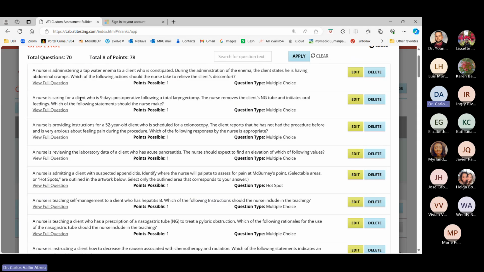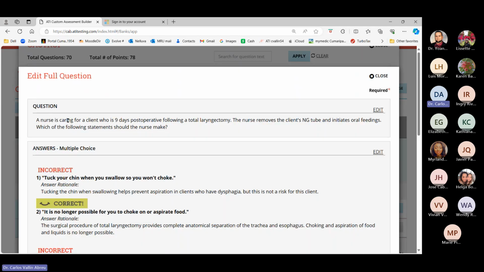A nurse is caring for a client who is 9 days post-operative following a total laryngectomy. Okay, this is a surgery of the airway. It's a surgery of the larynx, probably for cancer. The nurse removes the client's nasogastric tube and initiates oral feedings.